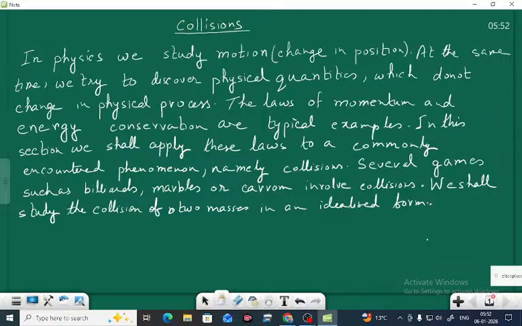So, let us consider two masses, M1 and M2.